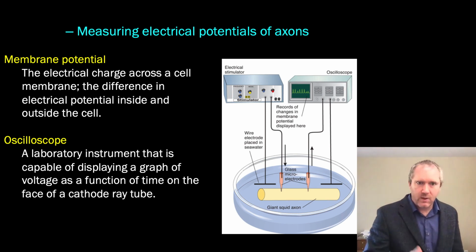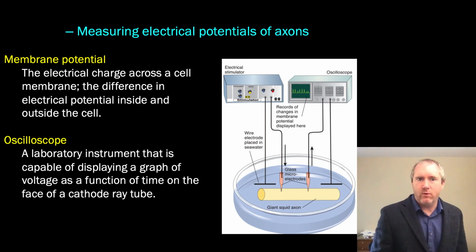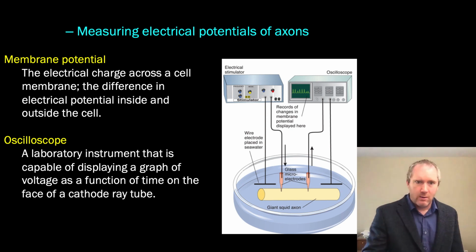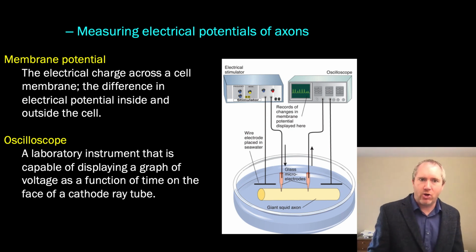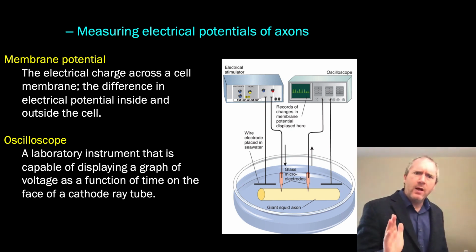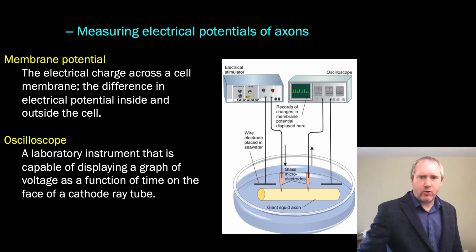Ohm's law is fundamental for electrophysiology and really part of the basis of Hodgkin and Huxley. But the oscilloscope is how you would actually detect changes in voltage or current, and it would just display it as a graphical readout for you.